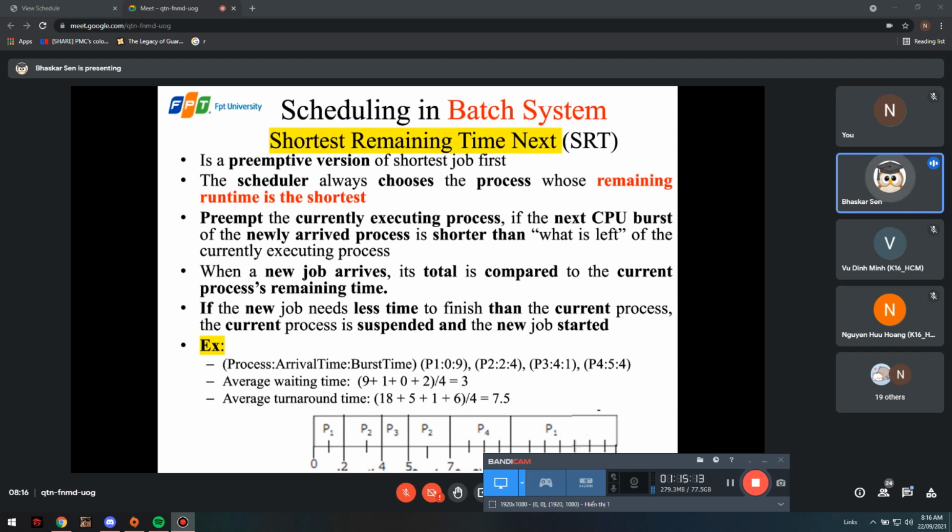Okay, not at bus number 5, at bus number 4. Bus number 4, another one arrived. And what was that? That is PX, and it needs 3 busts to finish its task.